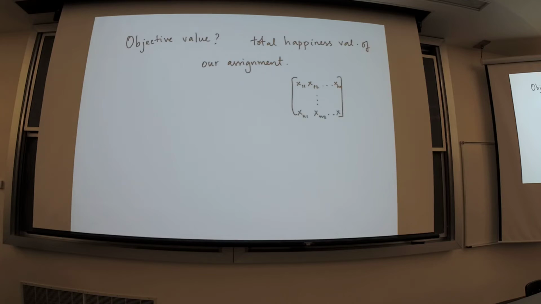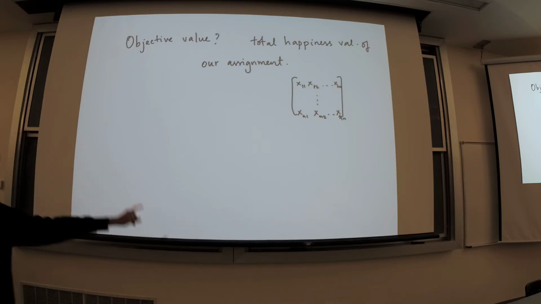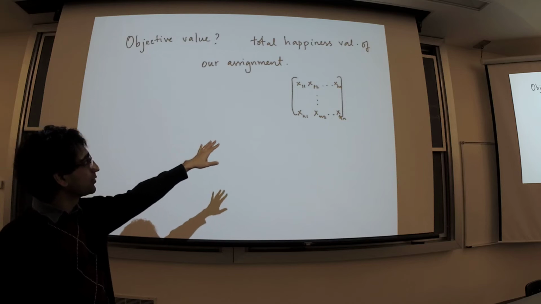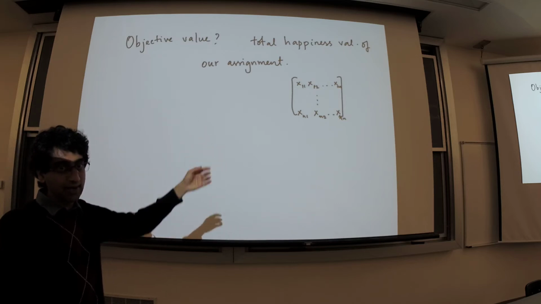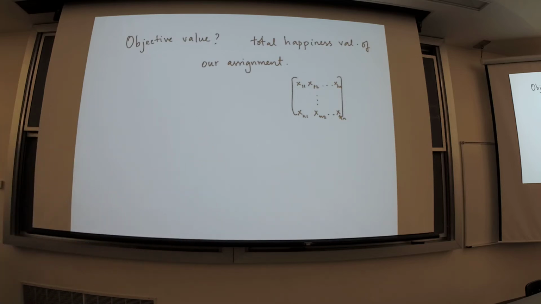So these are some binary variables, and put them in a matrix. But the happiness is also a matrix, right? Because we have vij, which is the happiness value child i gets when he's assigned j. So you have two matrices around. You have to do something that combines these two. And then a summation of all those things.